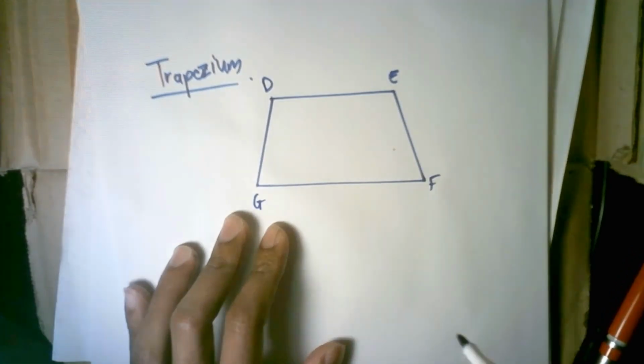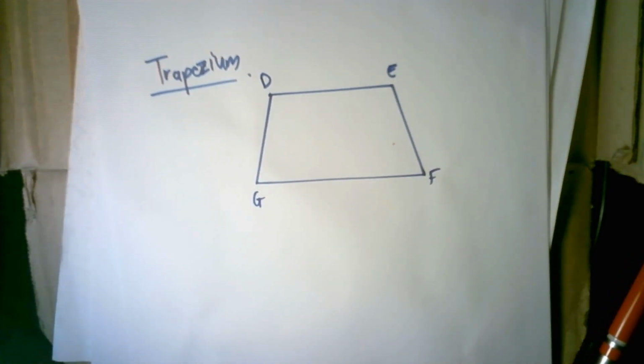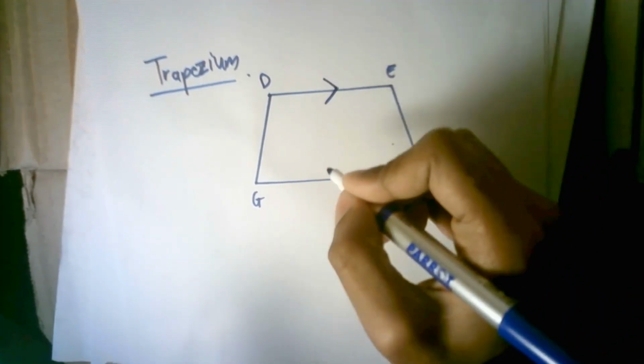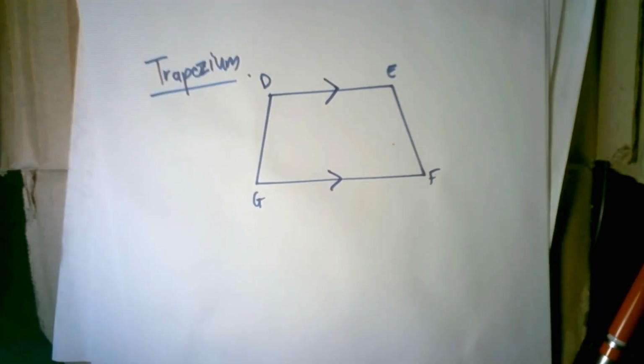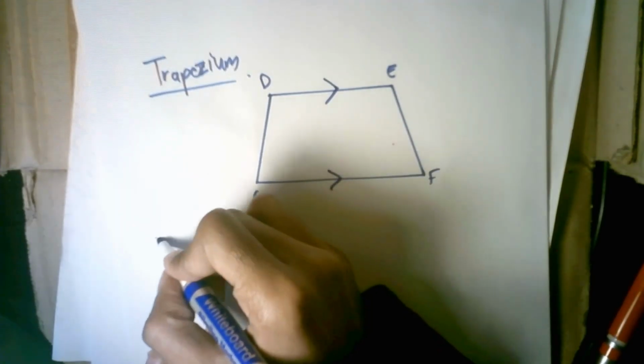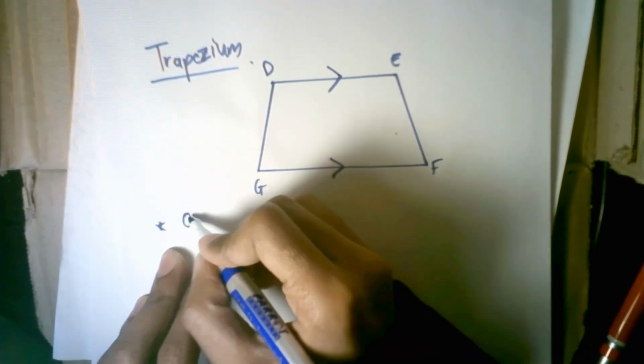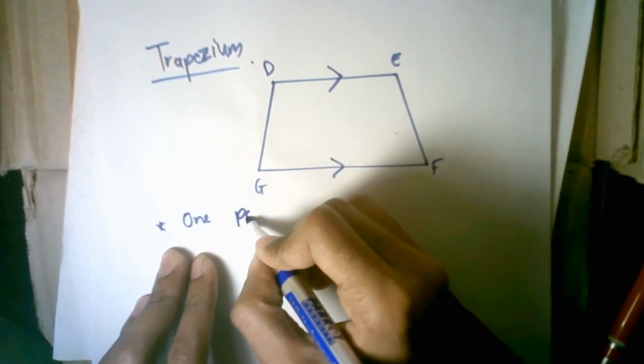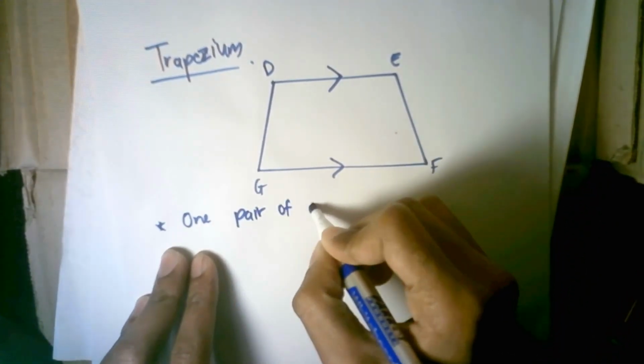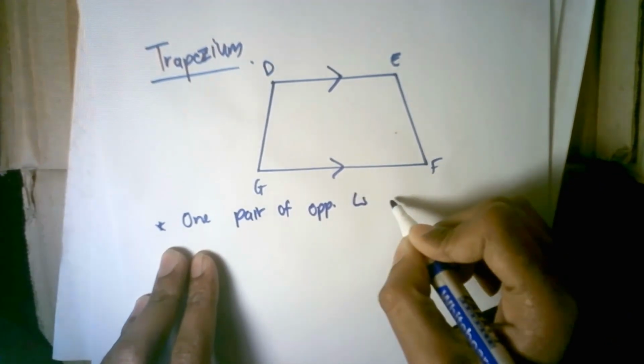Right? It only has one property, and that basically defines a trapezium. A trapezium is a quadrilateral with one pair of opposite sides parallel. Only one pair, right? Not two pairs, only one pair. So we can define it as a quadrilateral with one pair of opposite sides parallel.